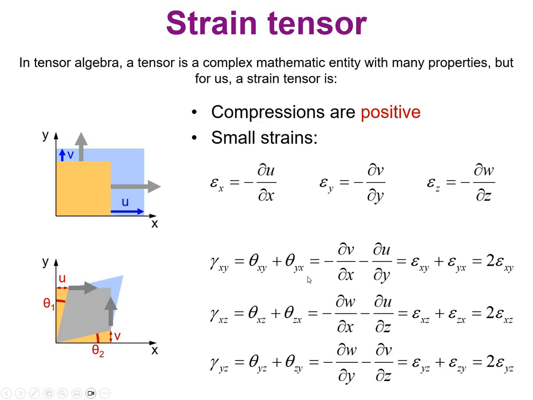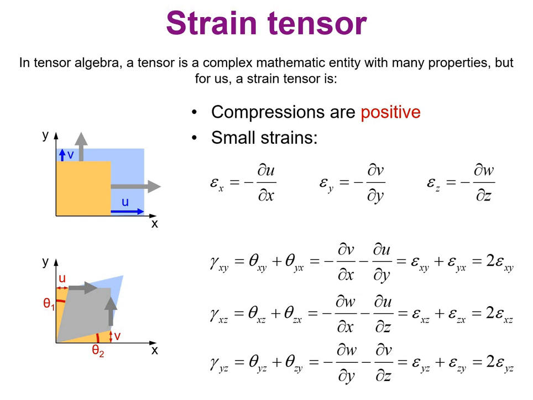In this slide, we see the definition of the axial strain and the distortions in the three-dimensional space. So in this case, we are defining basically the right member of the relationship between the stresses and strains.